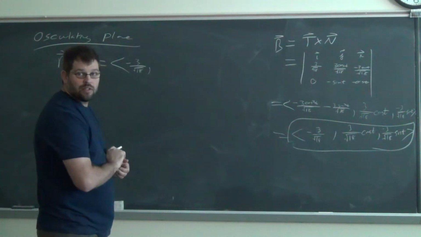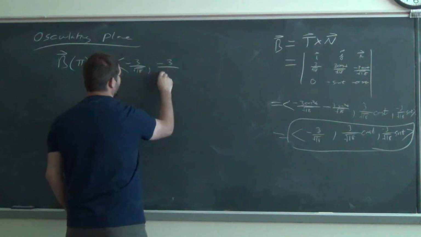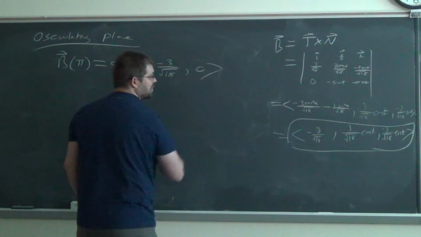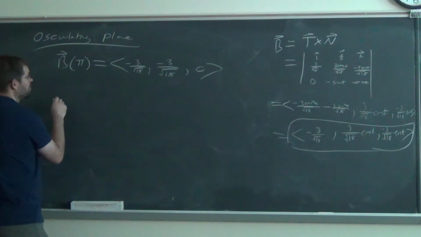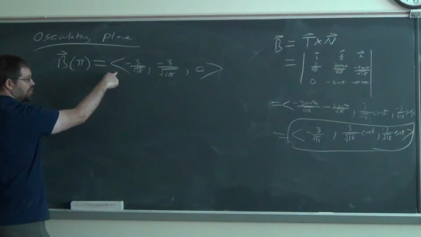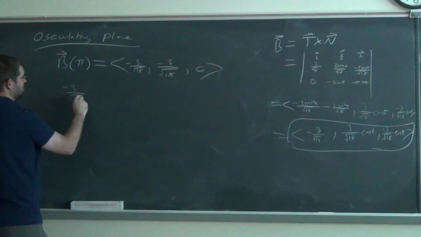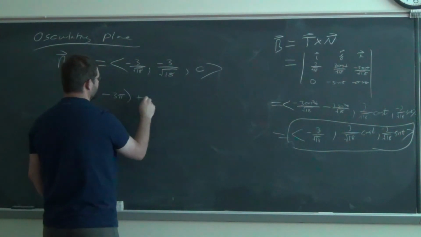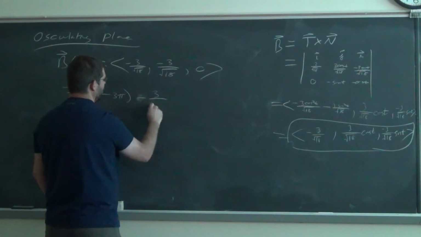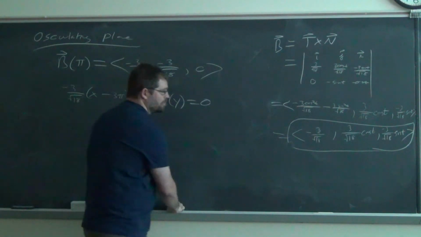Cosine is negative 1, sine is 0, and so you get negative 3 over root 18, 0. Then look at this plane. Again, this is your normal vector, same point. So it's negative 3 over root 18 times x minus 3 pi, plus negative 3 over root 18 times y. Does that make sense?